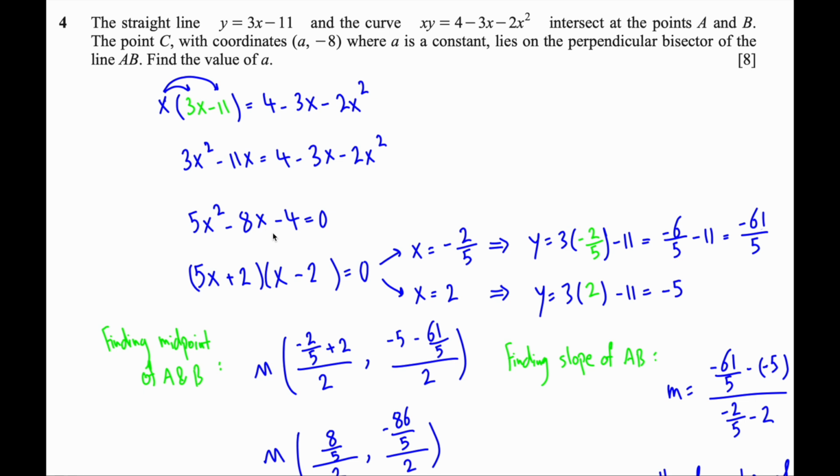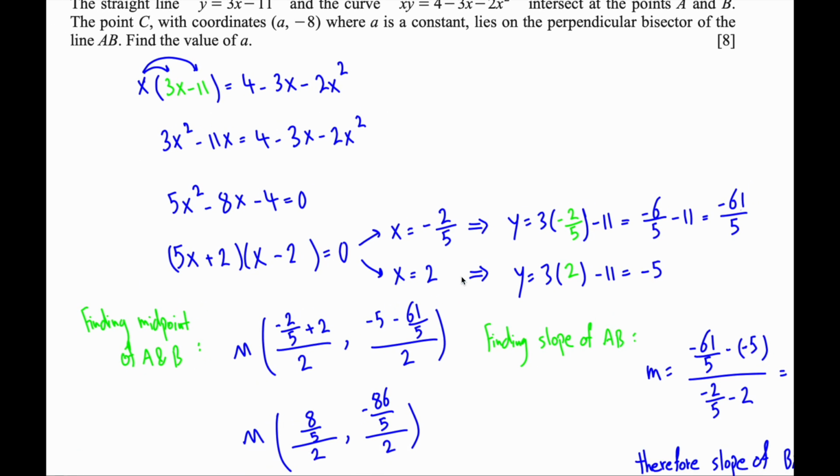You gather all the terms on the left hand side and combine the like terms. You end up with this quadratic equation, which can be solved easily using factorization. And after that, I get two linear factors. Each of them, you put equal to 0. The first one leads to x equals negative 2 over 5. The second one results in x being 2.